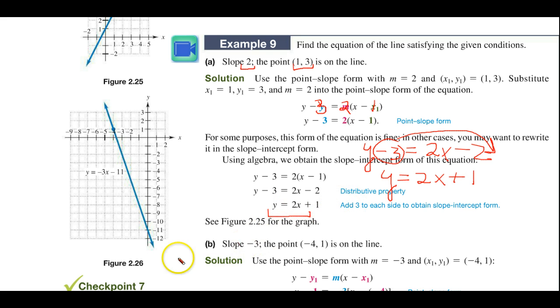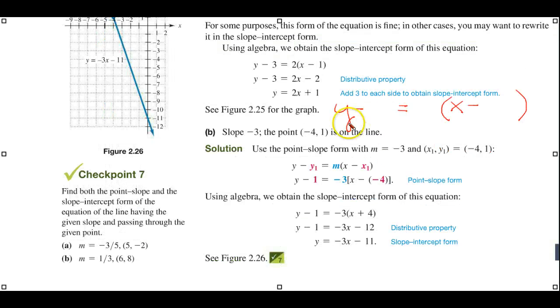Now here they're just giving us another example. So they're saying our slope is negative 3, so we put that right there. Now our point, our y value is 1, so we put the 1 there. Now our x value is a negative 4. So there's a negative in the formula, so the opposite of a negative makes this value a 4.